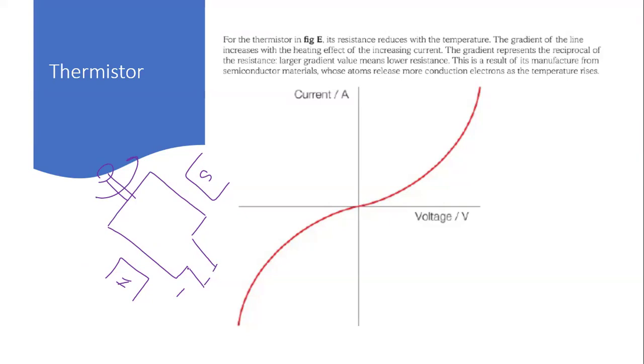So this is, for example, the positive and this is the negative. As the coil rotates in the magnetic field, clockwise or anti-clockwise, the electrical current being generated is going to be induced in different directions.